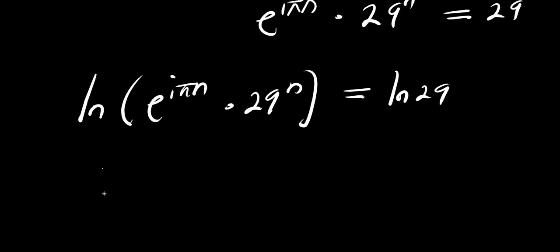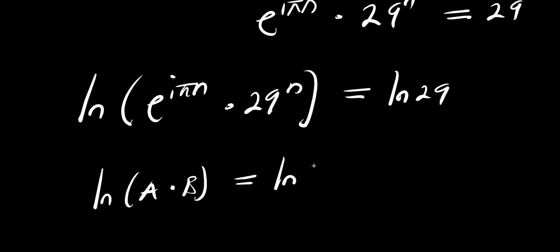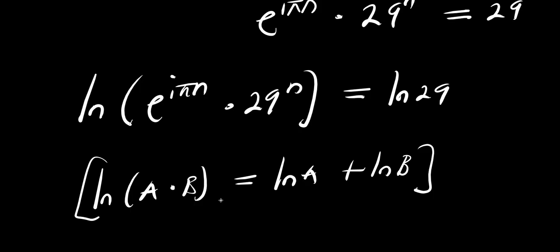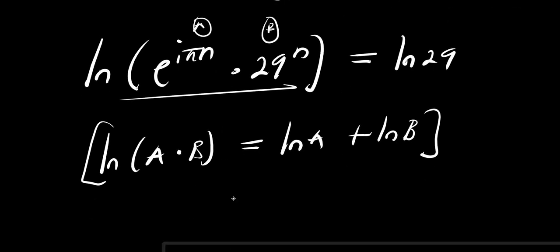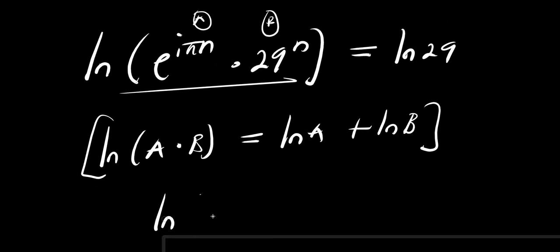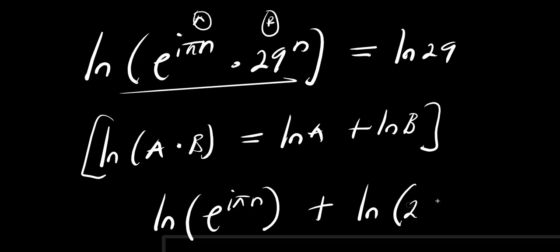Now, if you have the natural log of a times b, this equals the natural log of a plus the natural log of b. Applying that here, this is my a, this is my b. So this will simply be the natural log of e^(i pi n) plus the natural log of 29^n equals the natural log of 29.